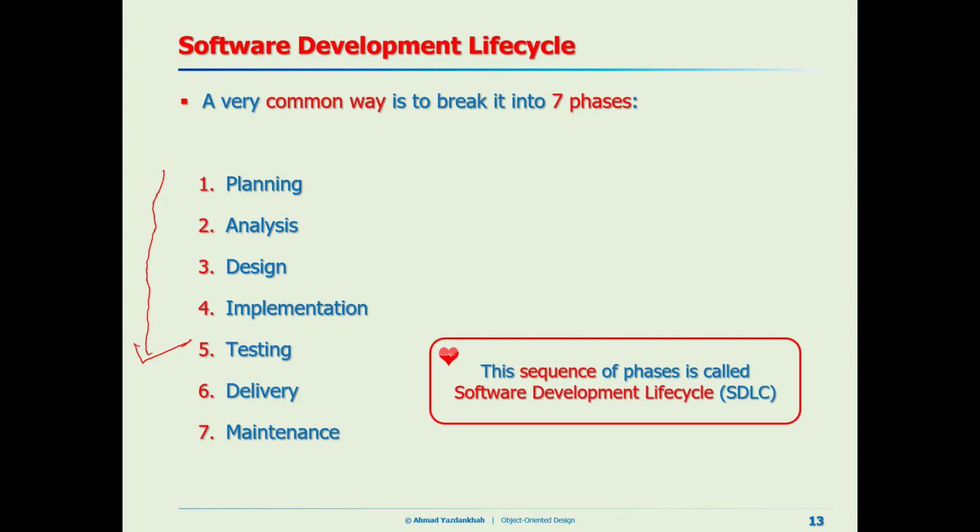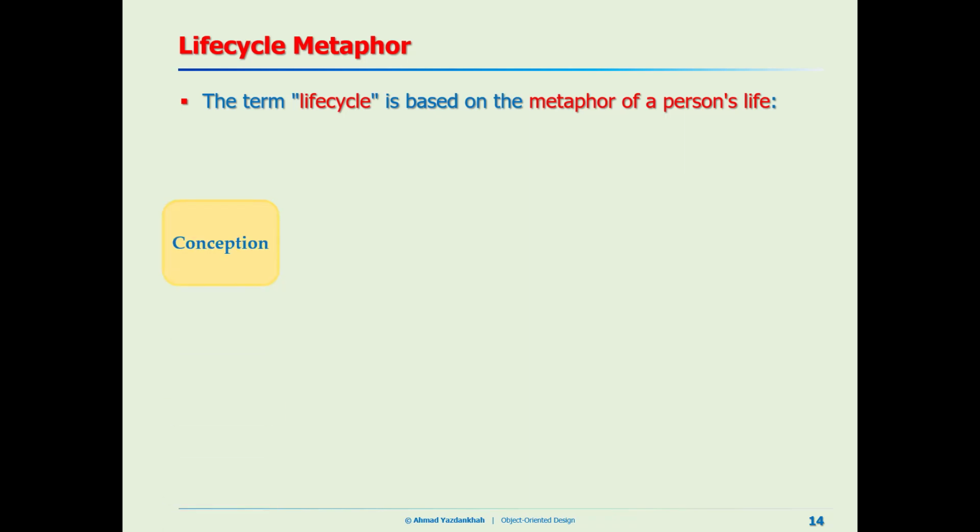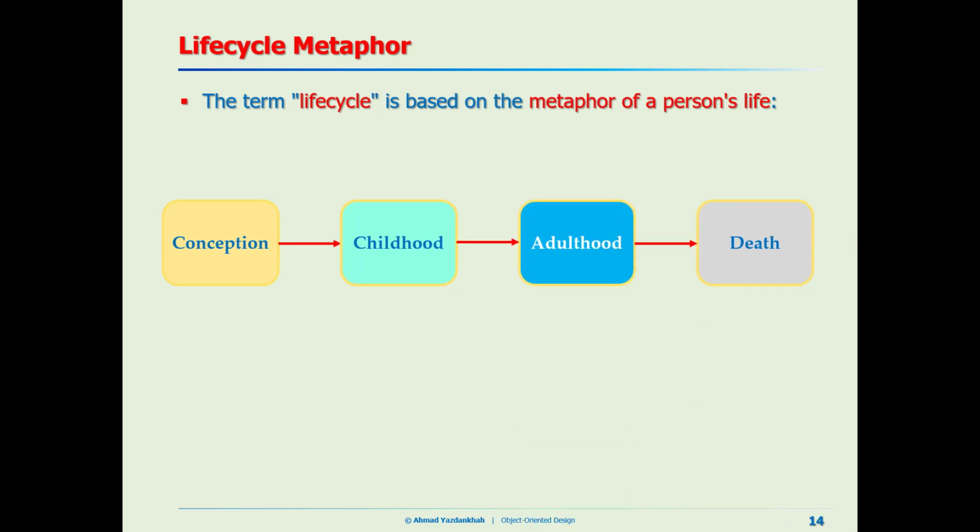Okay, so this life cycle, you might be wondering why we are using the term life cycle. This is actually a metaphor for human life. Human life starts with conception, and then we have childhood, and then adulthood, and finally death.